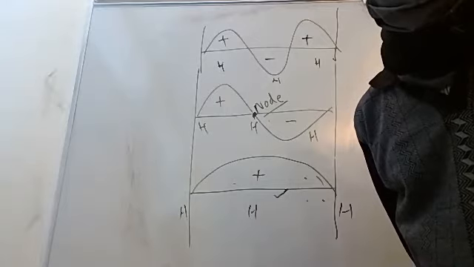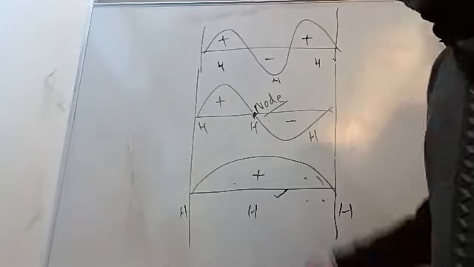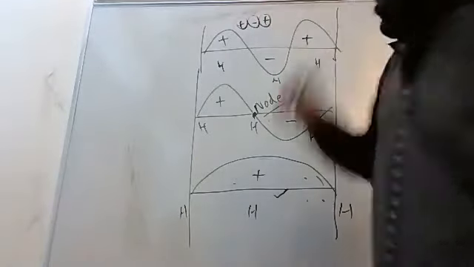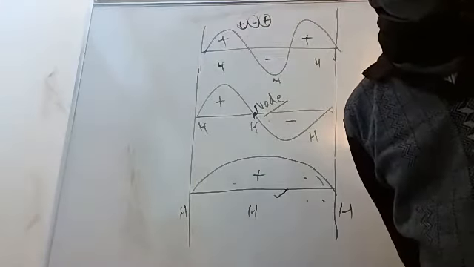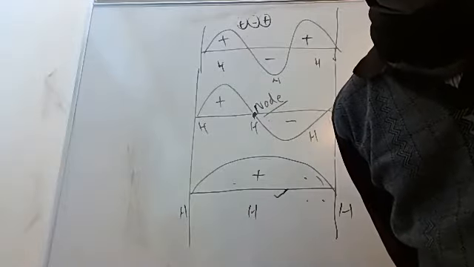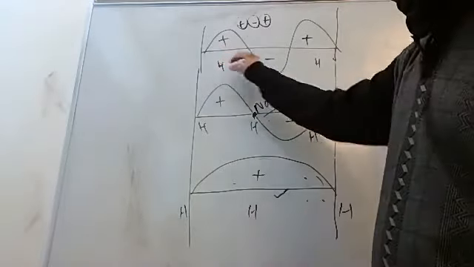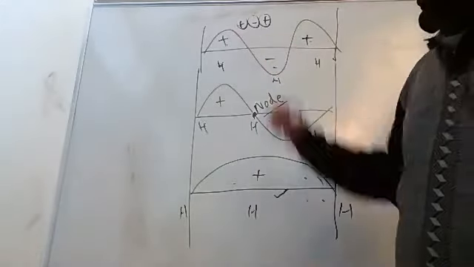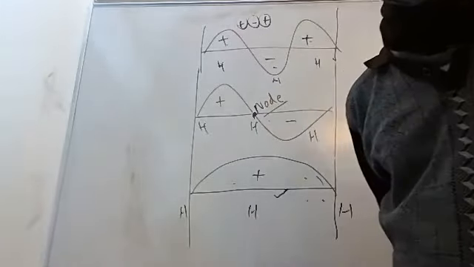So this is what we mean by plus, minus, and plus. Remember that the 3 sigma orbital has a plus minus plus configuration. How many nodes does the third wave function have?